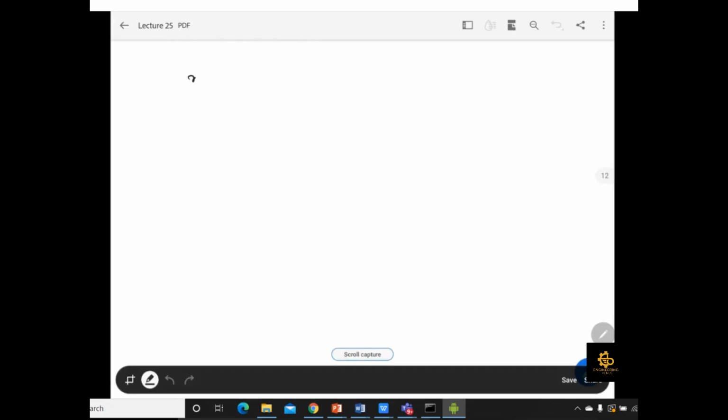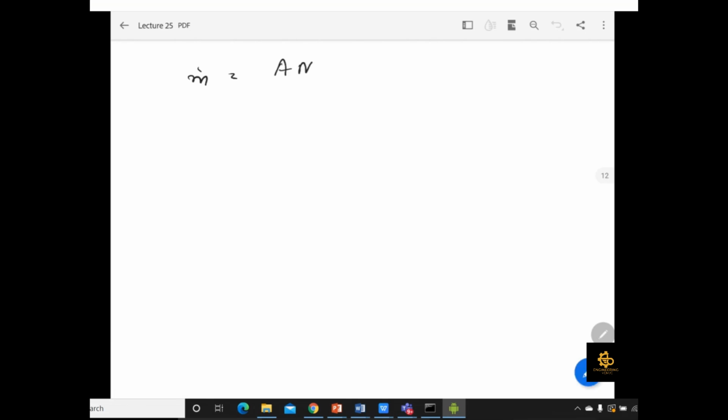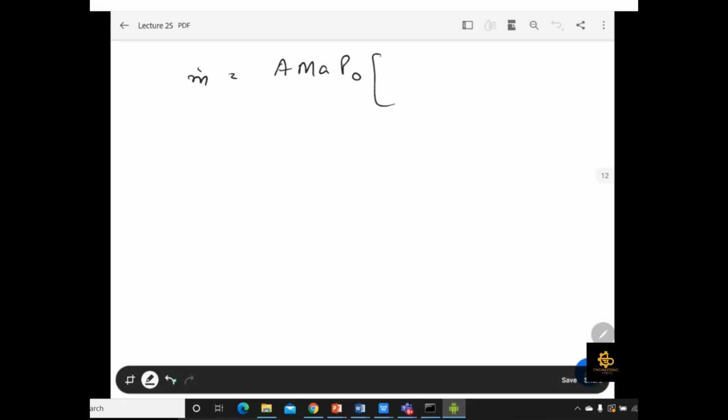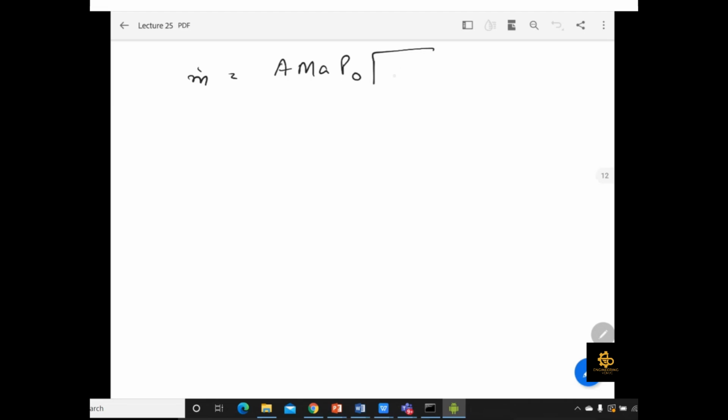So the final equation for mass flow rate comes from plugging the values of T and P into the first equation. That is A Mach P naught times square root of K divided by R T naught, and in the denominator we have 1 plus (K minus 1) Mach squared divided by 2, raised to (K plus 1) over 2(K minus 1).